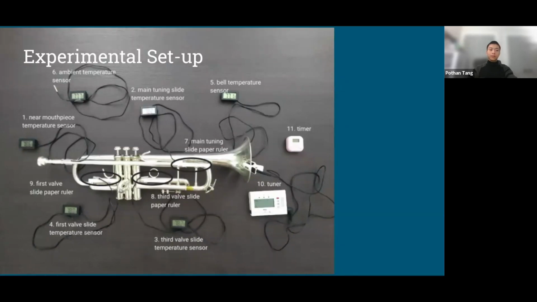A 6th thermometer was set on the side to measure the ambient temperature, with the probe suspended in the air. 3 paper rulers were attached to the tuning slides to measure their lengths. A clip-on tuner was clipped to the bell of the trumpet to measure pitch accuracy, and a timer was used to keep track of the playing time during each experimental trial.